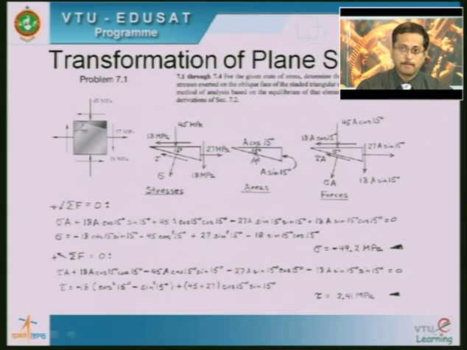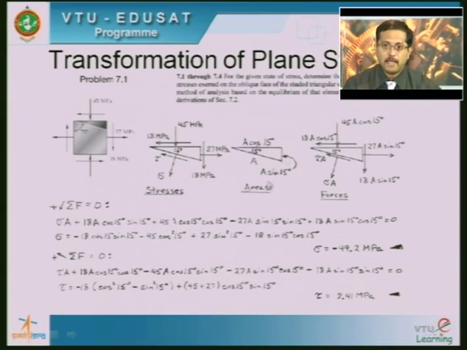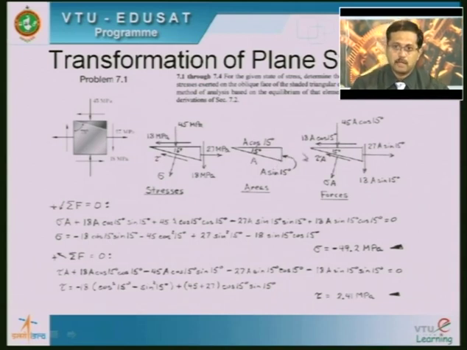So if this is the area A, then the horizontal area would be A cos 15 degrees and the vertical area would be A sin 15 degrees, as I have explained earlier also. Now, with this, what are the forces? These are the stresses acting on these planes, and these are the areas. So this gives the force diagram.